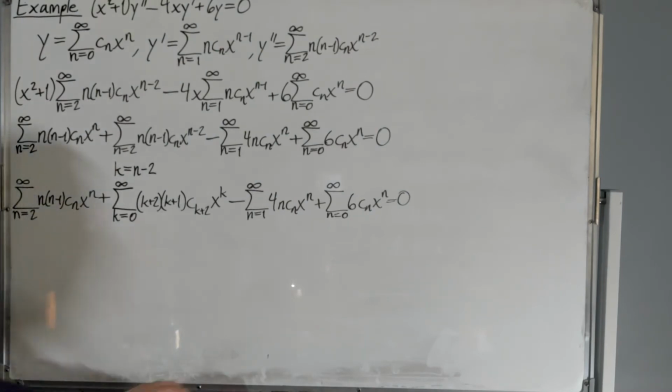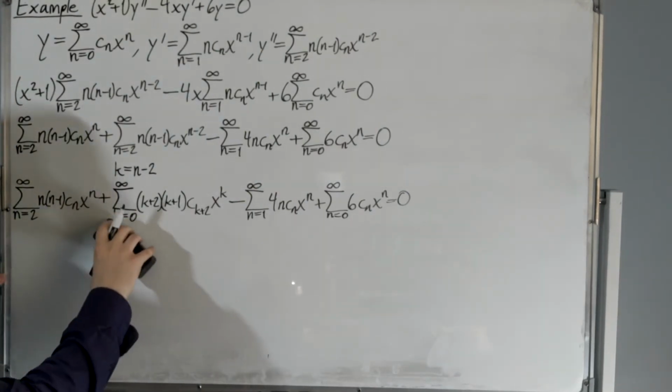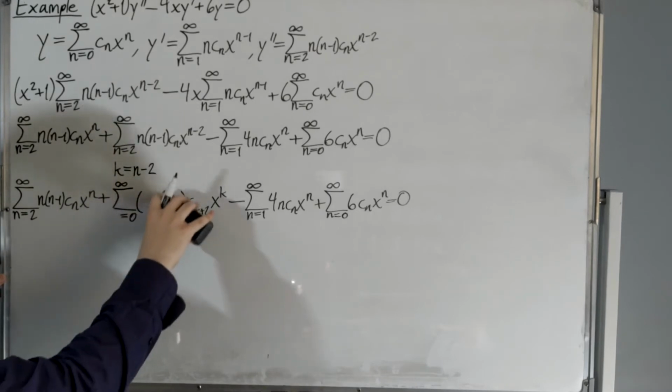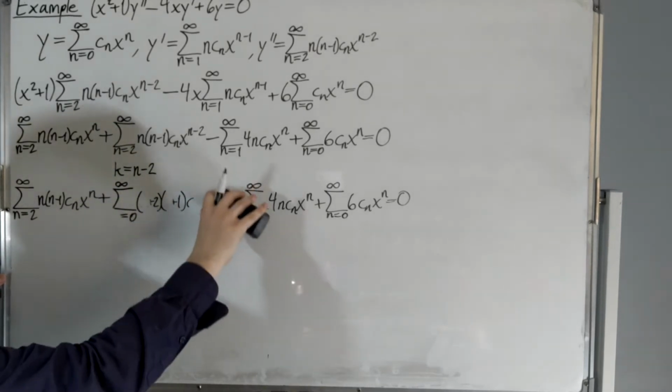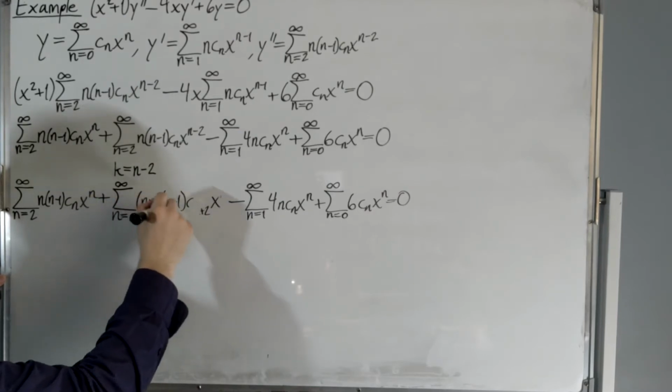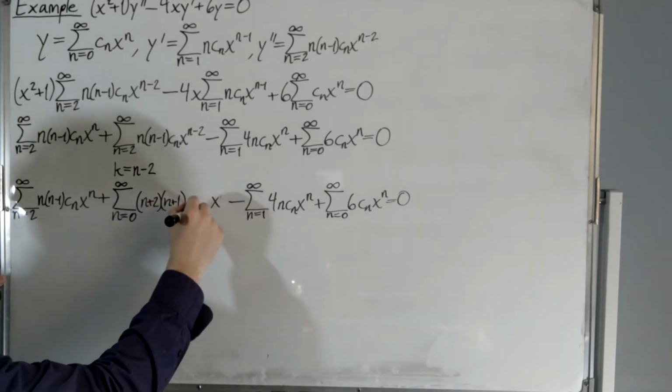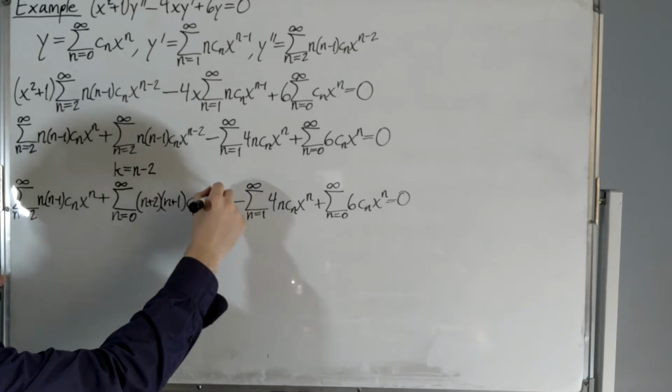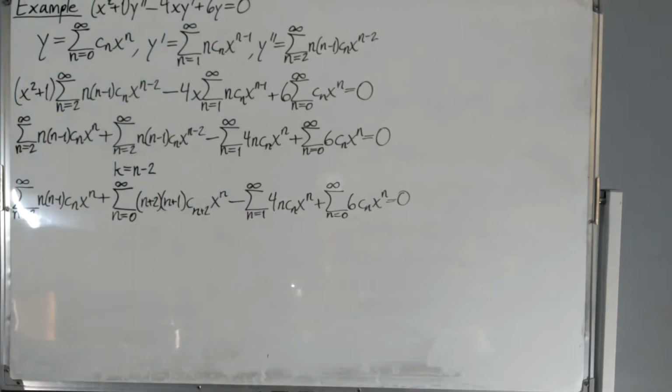Okay, so now replacing all these k's with n's, because again, it makes no difference: the sum from n equals 0 to infinity of (n plus 2)(n plus 1) c_(n plus 2) x to the n.